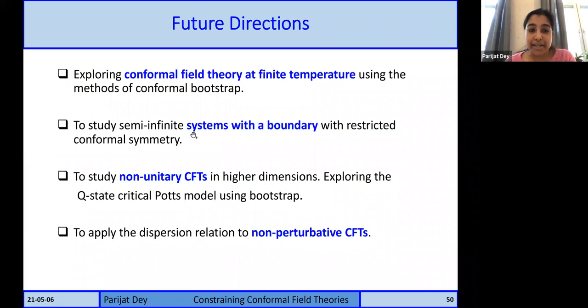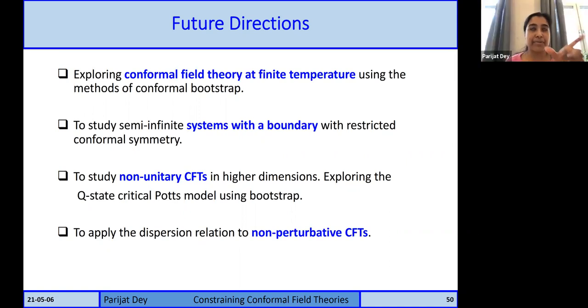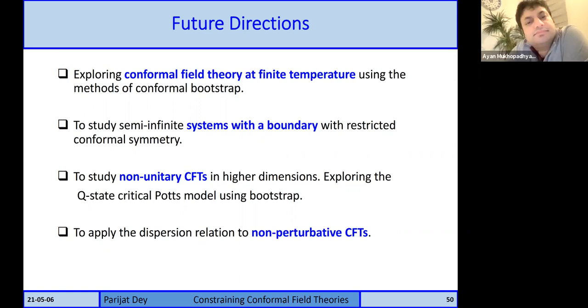Even the 2-point function is hard, right? In finite temperature, the 2-point functions are non-trivial. So then you impose a constraint on the 2-point function, and that is a bootstrap equation that you want to solve.